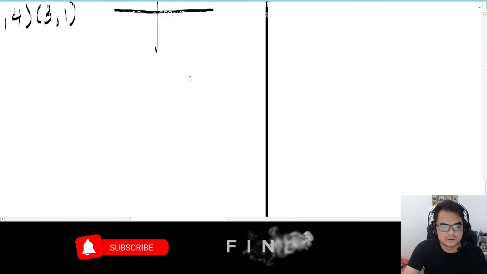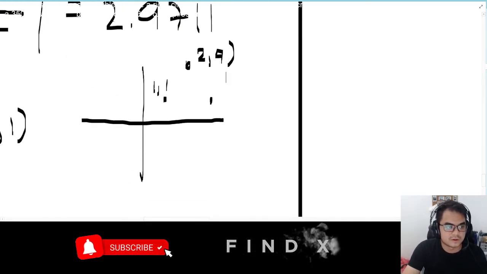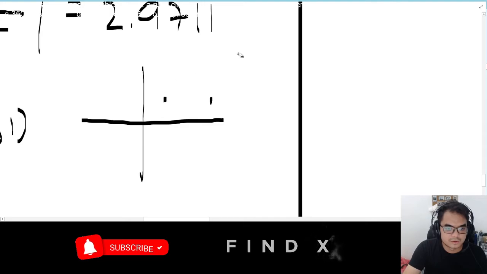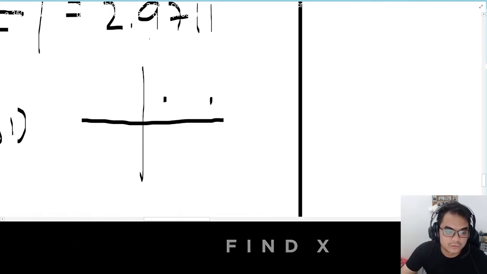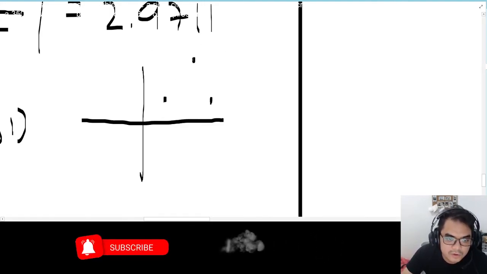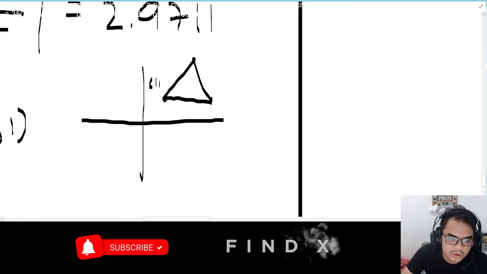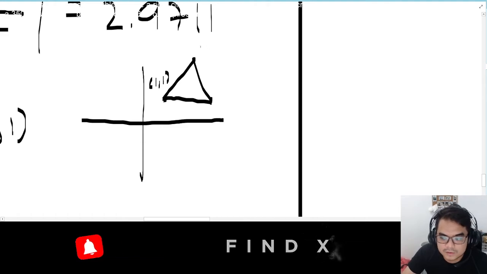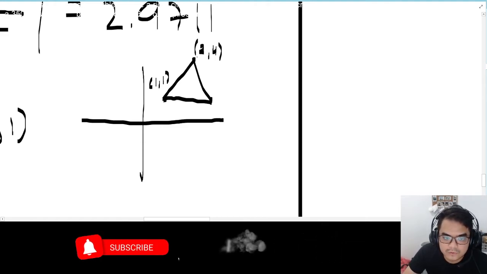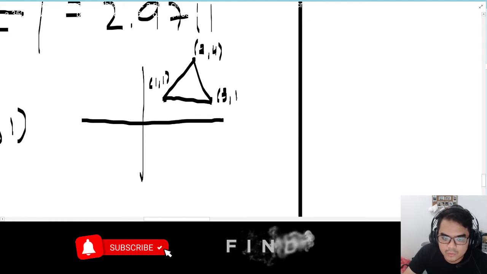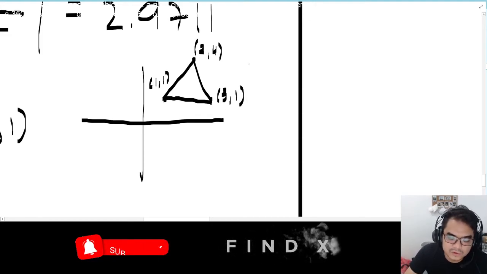Let me zoom it in for you to see it more. So this is your triangle, right? This is your 1 1, and then this is your 2 4, and for this one, this is your 3 1. Okay, so you have to trace this.